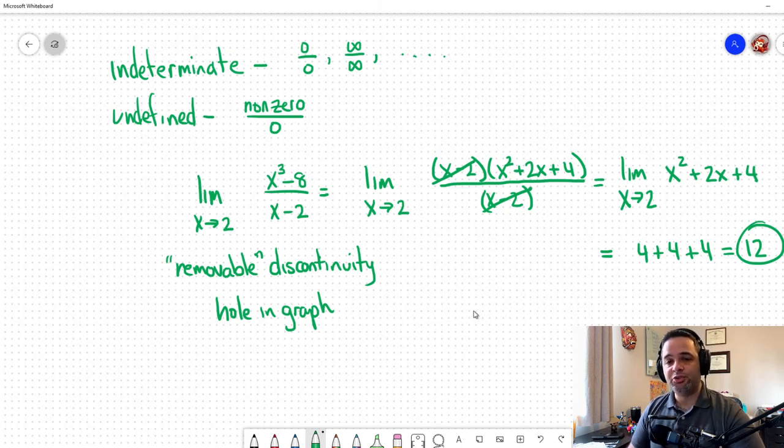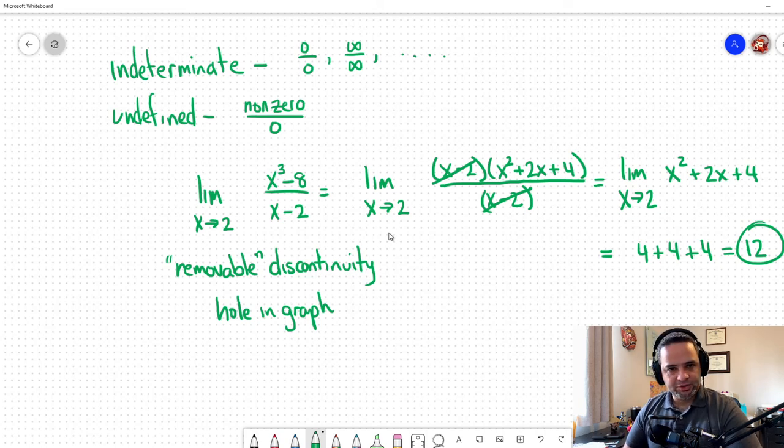I'm going to use algebra to rewrite the expression, and now it's safe for me to plug in the number because I have removed that discontinuity. I canceled it away in the expression. In my next video, I'm going to do some more explicit examples of this, showing you different algebra techniques you may want to use to rewrite expressions to help cancel away these removable discontinuities.